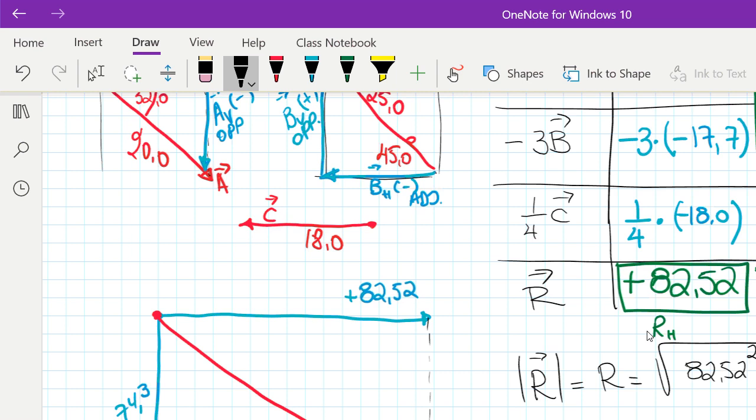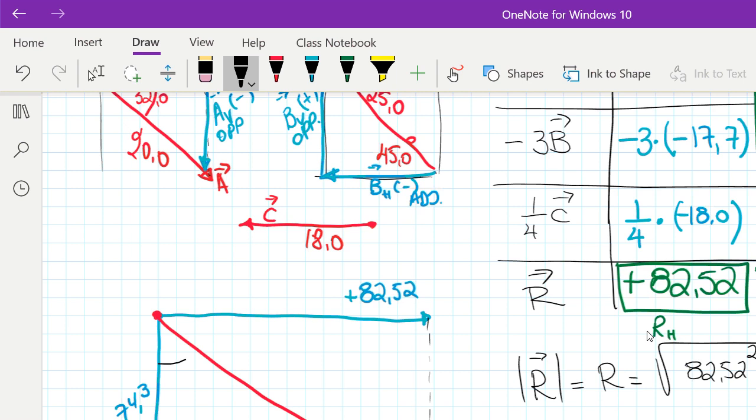The whole thing square root will be 111.1. And the units for this are meters per second.